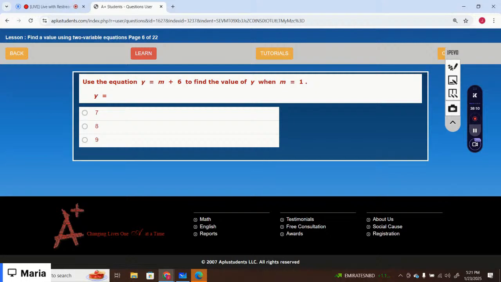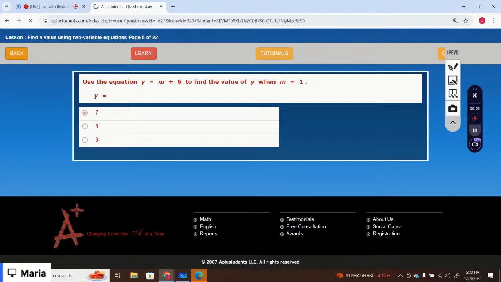Which is the correct option? Option number 1 is the correct option.